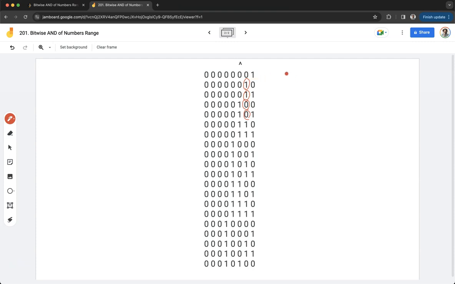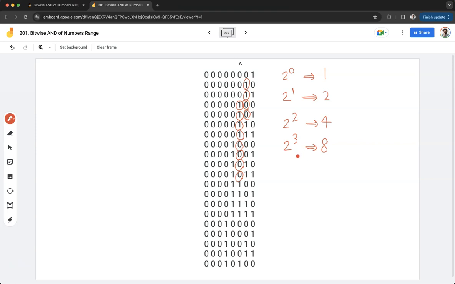So the first one is 2 to the 0, the length is 1. 2 to the 1, the length is 2. 2 to the 2, the length should be 4. Let's take a look. So here we have 1, 1, 1, 1, and then 0, 0, 0, and 0. You see, the length is 4. And 2 to the 3, the length is 8.